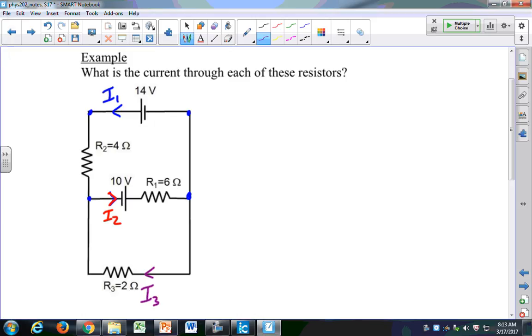Okay, so now you have labels for the currents. You can write out your big loop, top loop, bottom loop, and you'll also want to know the junction rule. All four of those equations. Actually, you only need 3 equations, but I'm going to write all 4. So go ahead and take a couple minutes and write out the equations for the top loop, the bottom loop, and the big loop.